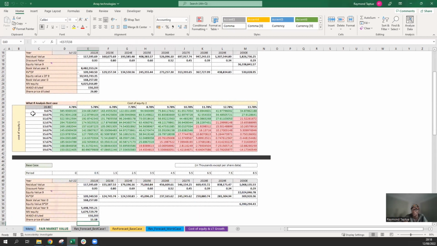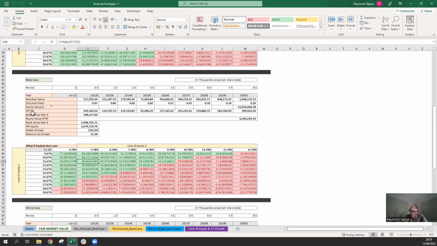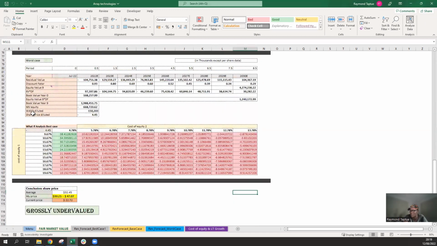We are going to do the same exercise using the base case scenario, where all the green represent the prices that are higher than the current market price, and the reds are the prices that are below the current market price. We are going to use the same approach using the worst case scenario. These are the prices that are below the current market price of the company, and here, the ones that are above the current market price of the company.